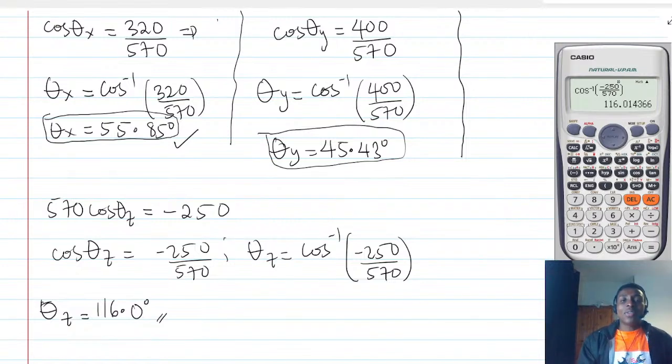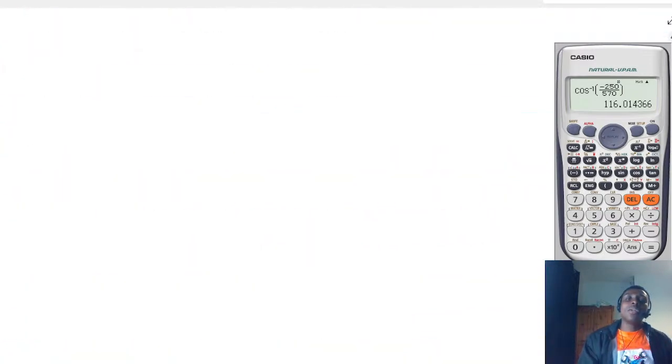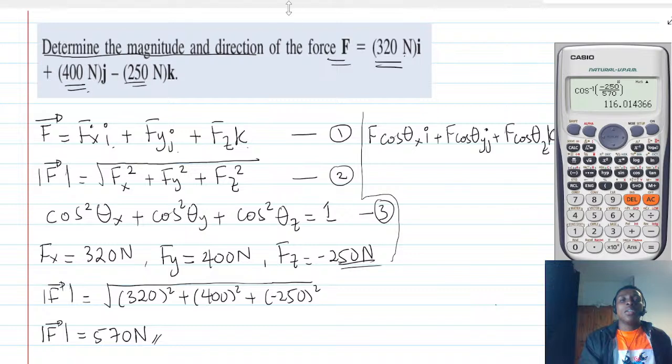So in fact, this question is to demonstrate that whenever you have a force in space, it has a component along the x, along the y, and along the z. And these components are related by the equations which we wrote initially.